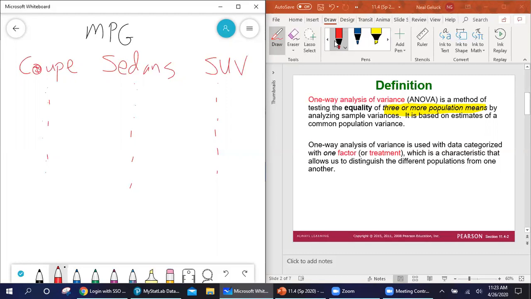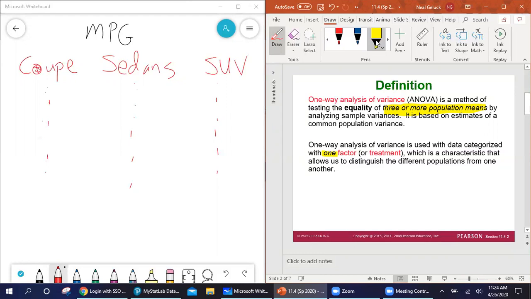And again, by saying we, I mean StatCrunch will do this. This is, again, a one-way analysis. There will only be one factor that distinguishing them. So again, this is miles per gallon, and our factor that's distinguishing them is what type of car we're looking at. So our factor is basically small cars, mid-sized cars, big old SUVs.